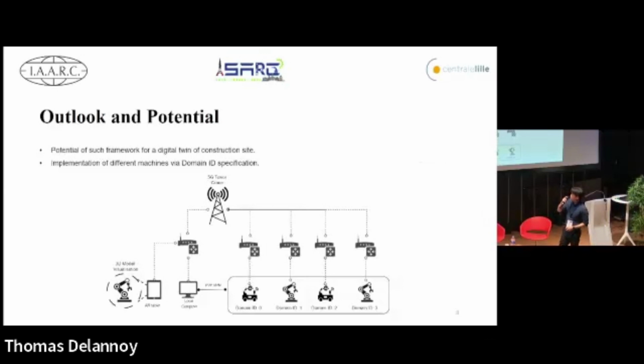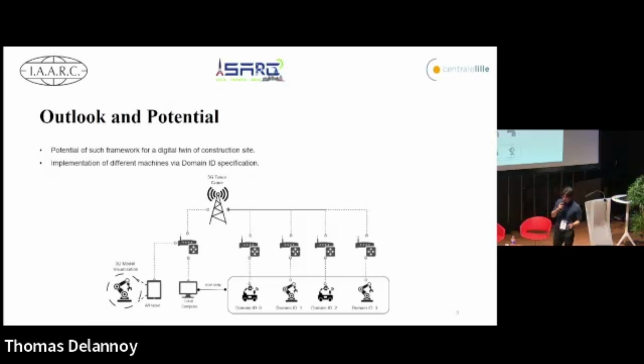For the outlook and potential, it can have a digital twin of the construction site, because we can control the robot and see what is happening with the robot in close to real time, which is about 30 milliseconds. According to one of the white papers by Ericsson, the real-time requirement is about 10 milliseconds, but we are close to that.